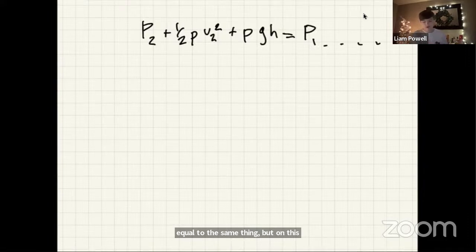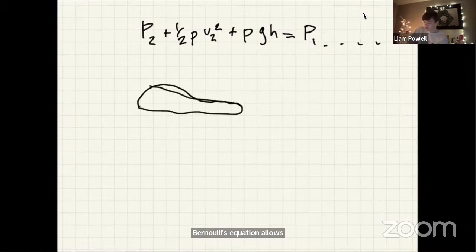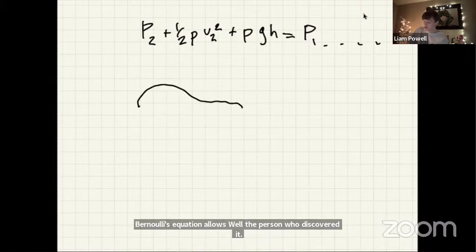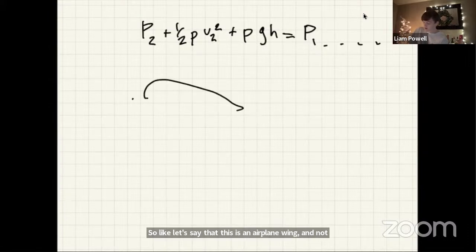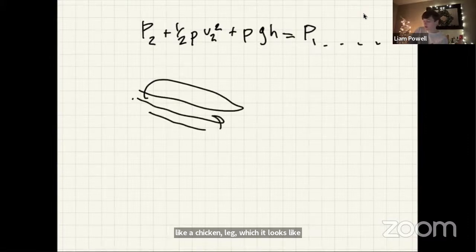And that allows you to find lift. So let's say that this is an airplane wing, and not a chicken leg, which it looks like. So an airplane wing has higher pressure on the bottom.